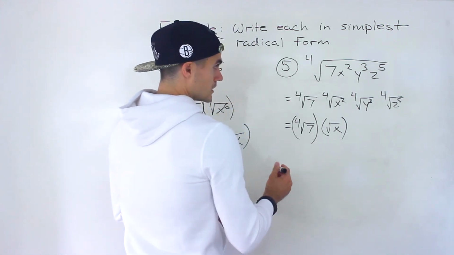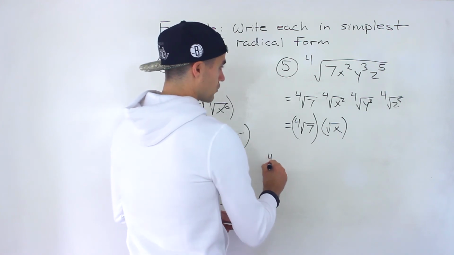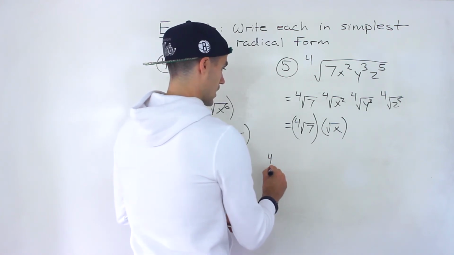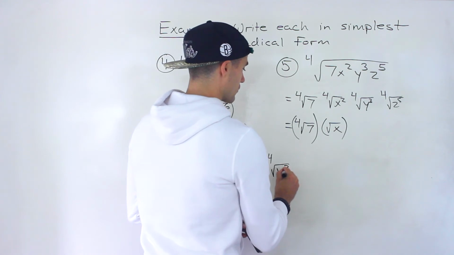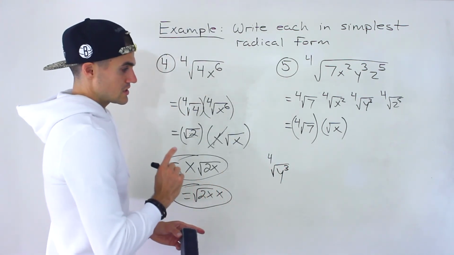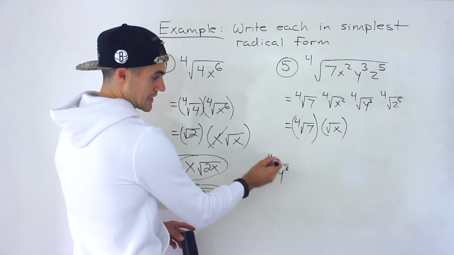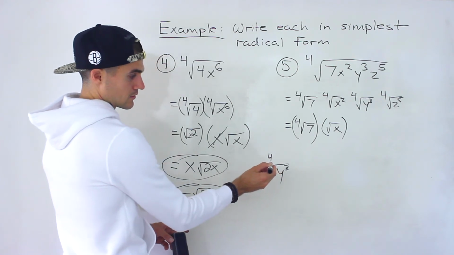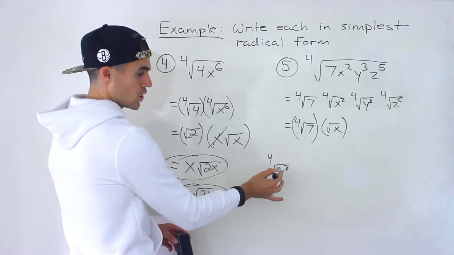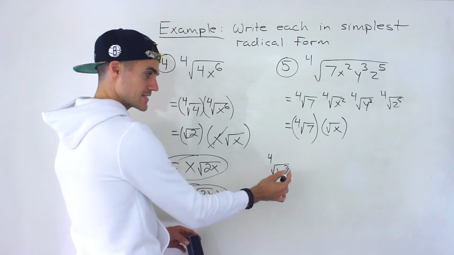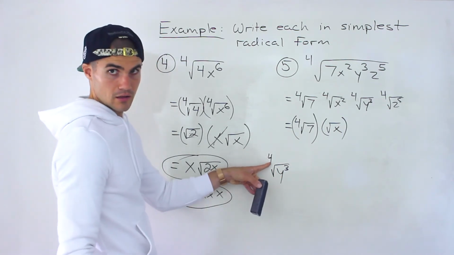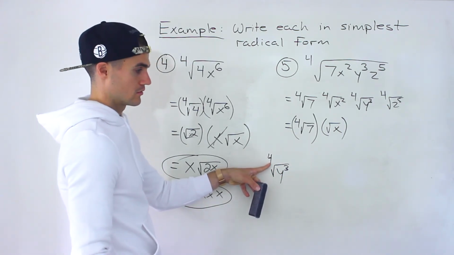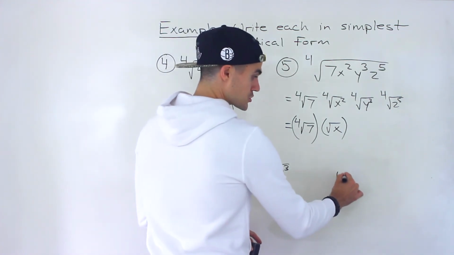And now we got the fourth root of y to the 3. Notice in this case, this number is less than this number, right? So there's no number that's less than or equal to 3 and a multiple of 4, right? Because the multiple of 4 starts at 4.